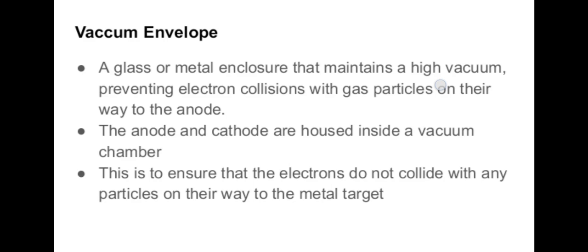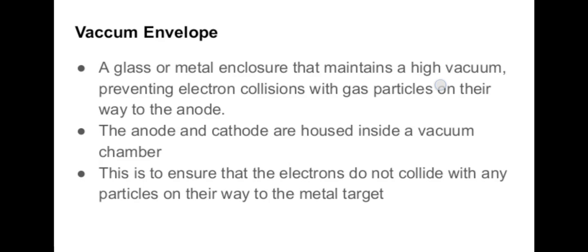Then it is about the vacuum envelope. Usually a glass or metal enclosure maintains a high vacuum, preventing electron collision with gas particles on their way to the anode. The anode and cathode are housed inside a vacuum chamber.